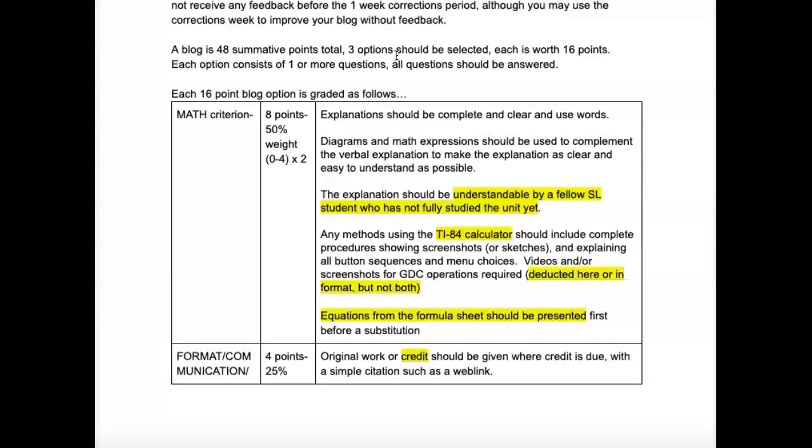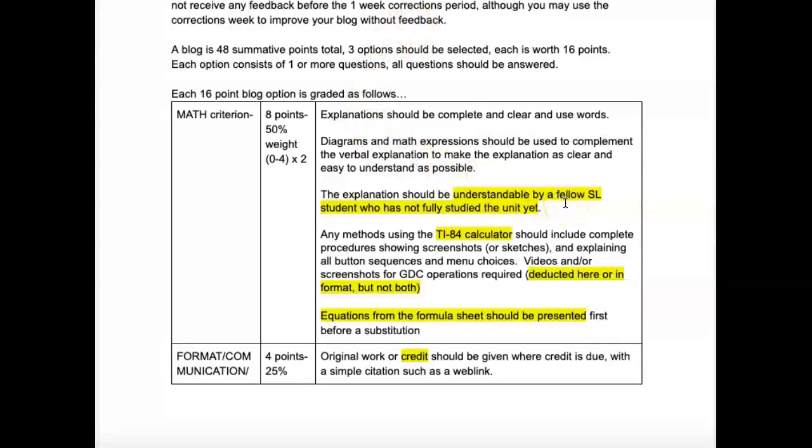These criteria roughly correspond to the IA criteria, so this writing is to get you used to writing the math IA. The math IA is worth 20% of your IB grade. In a regular semester, the blogs compose 20% of your EAC grade. I'm just going through the highlights here.